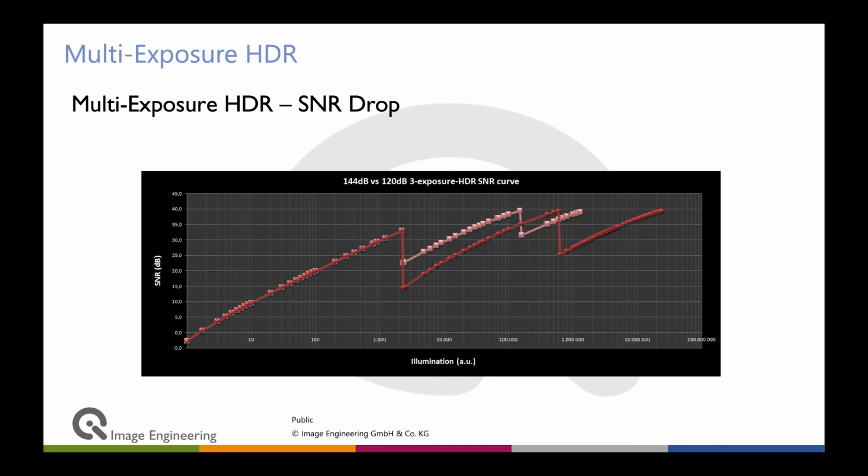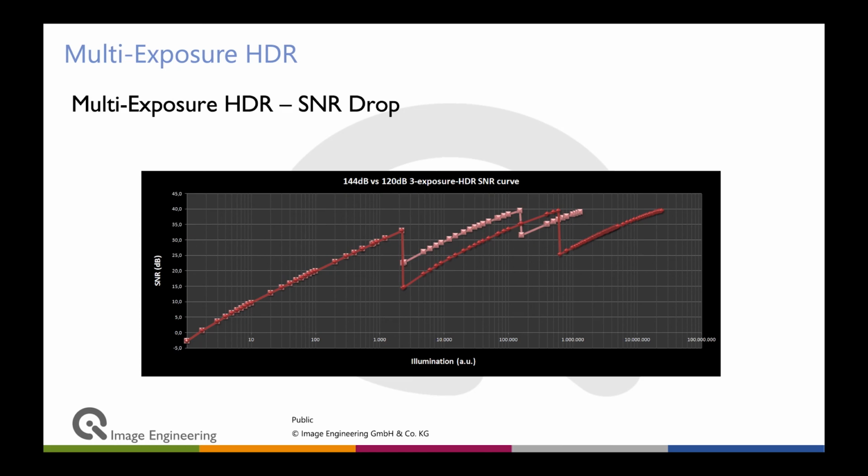What we see here is the signal-to-noise ratio plotted versus the illumination or the luminance in the scene. According to this SNR curve, it's true: in one case you have 120 dB, in the other one you have 144 dB. But what you also see is that we have these drops in between.